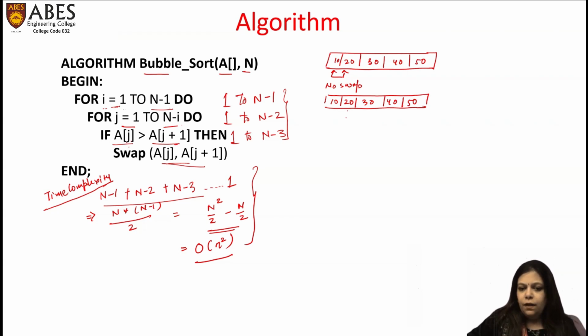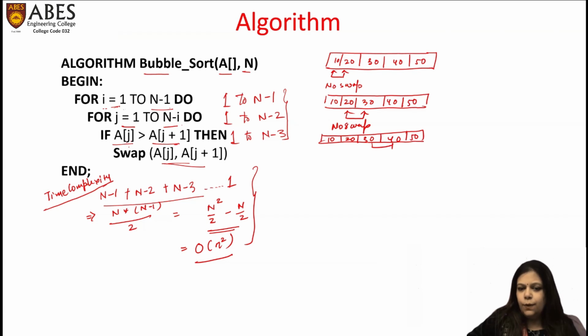Now again, if we compare the next two elements, there's no need of swapping, and the state of the array will remain the same: 10, 20, 30, 40, and 50.